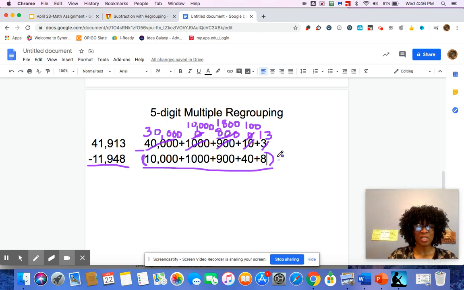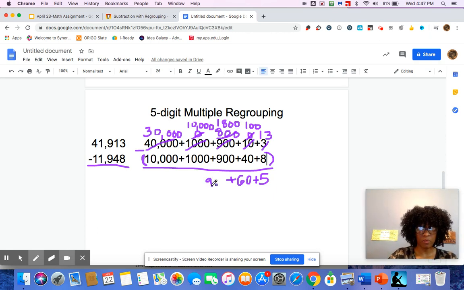Let's start with our ones. 13 minus 8, we can do that. 5. 100 minus 40 gives us 60. I'm going to try to line these up as best I can. They might be a little off, but you know what I mean. Let's look at our hundreds. We have 1,800 minus 900, which is 900.